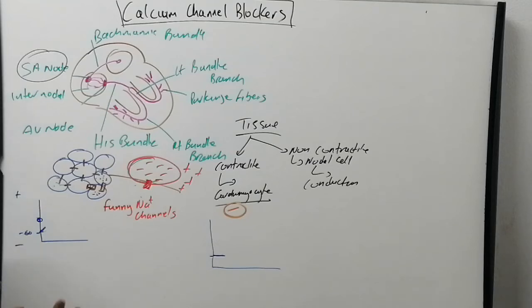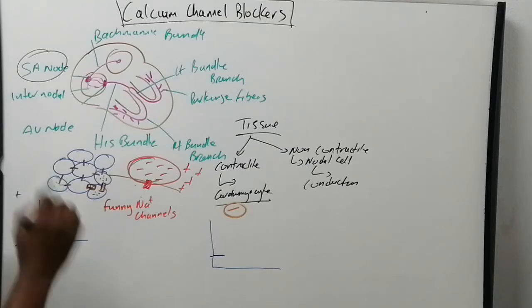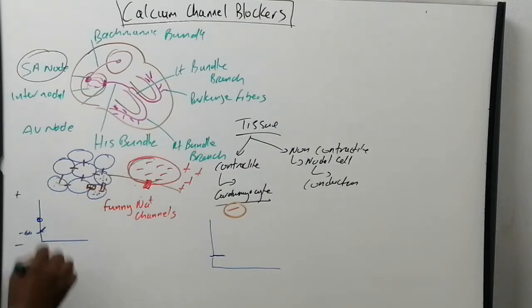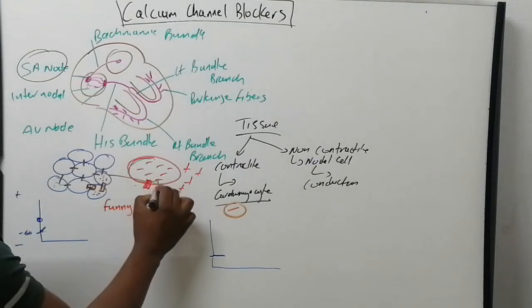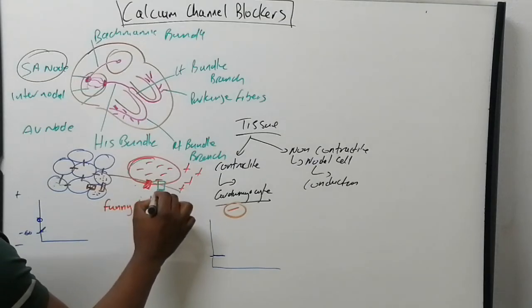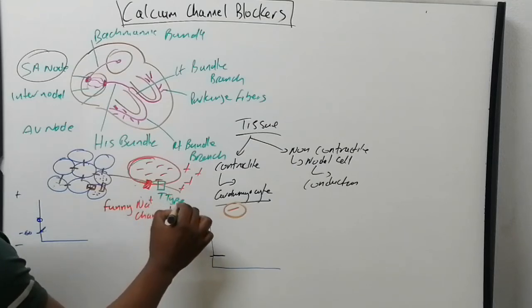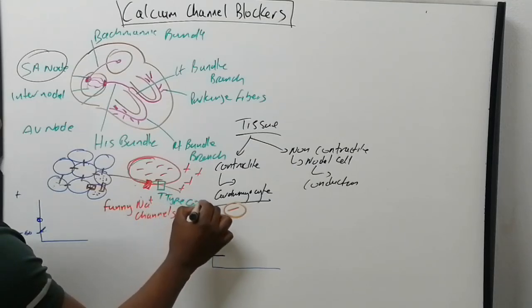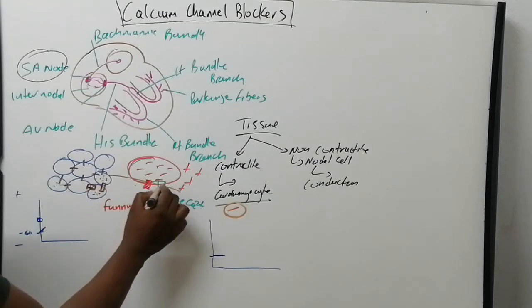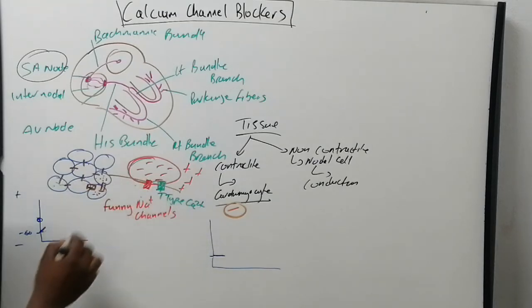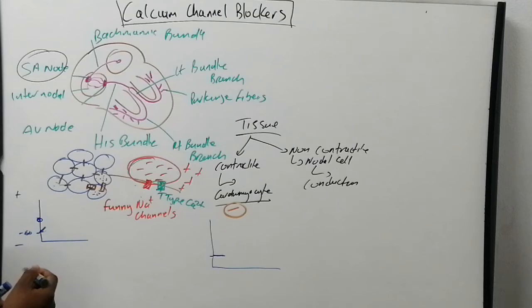When it's very close to threshold potential, that triggers calcium channels to open, specifically the T-type calcium channels. Very important, guys. Those T-type calcium channels will cause an influx of calcium.